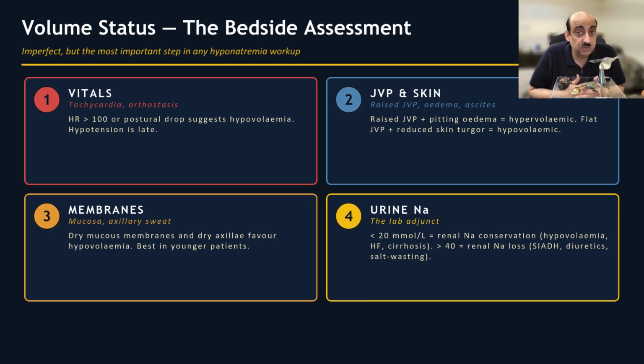It's an appropriate response to restore the effective circulating volume, the ECV. On the other hand, urinary sodium above 40 indicates that there are renal losses of sodium, which can be due to SIADH, diuretics, or salt wasting, which can be a primary nephrogenic problem or a secondary pathology driving the kidney. So again, no single investigation is gold standard. You have to combine all of them together to get a clear picture.